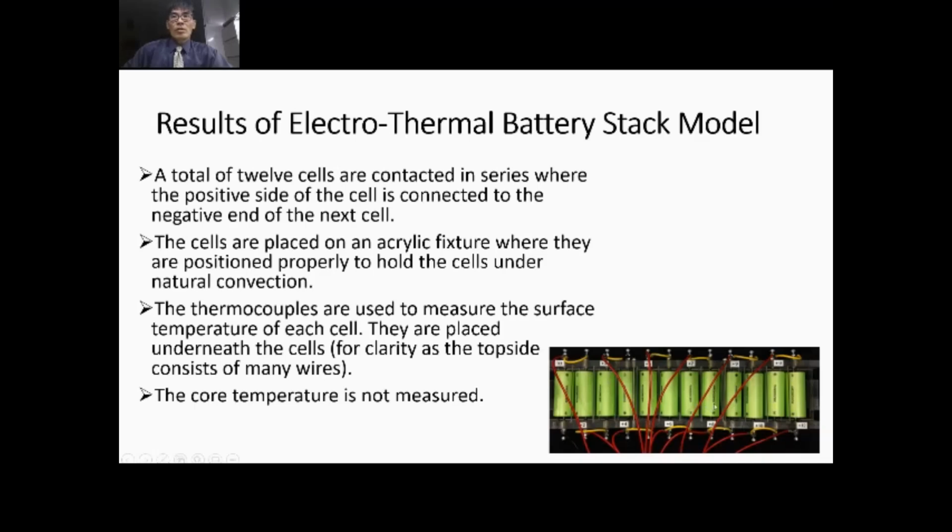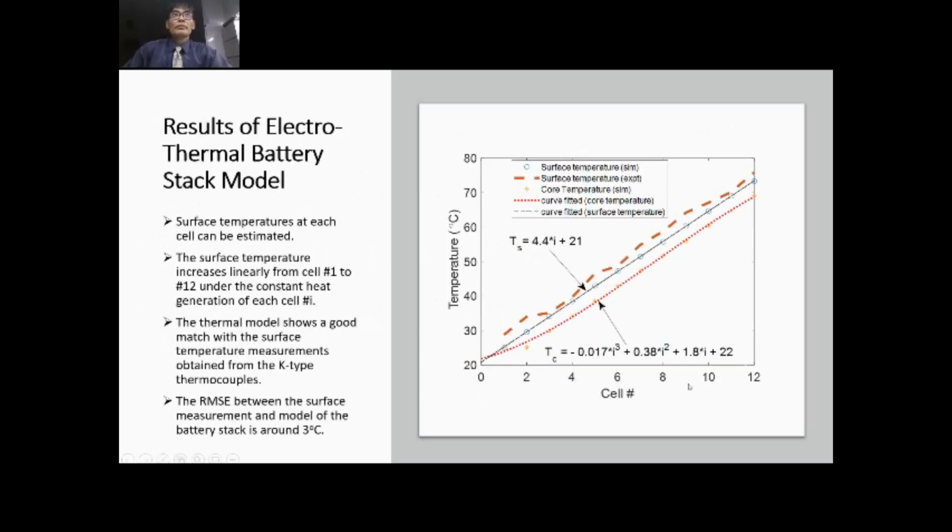The core temperature is not measured, as mentioned, and is estimated through the least square approach. You can see that the surface temperature of each cell can be estimated, for cell 1, 2, 3, 4 to 12.